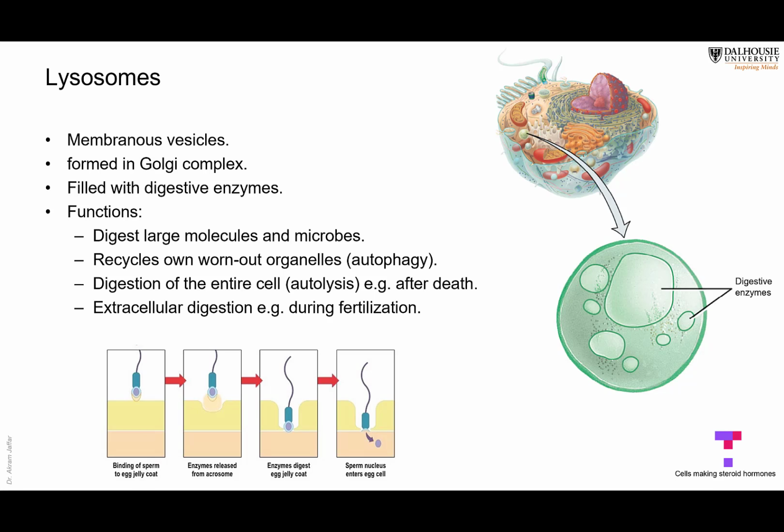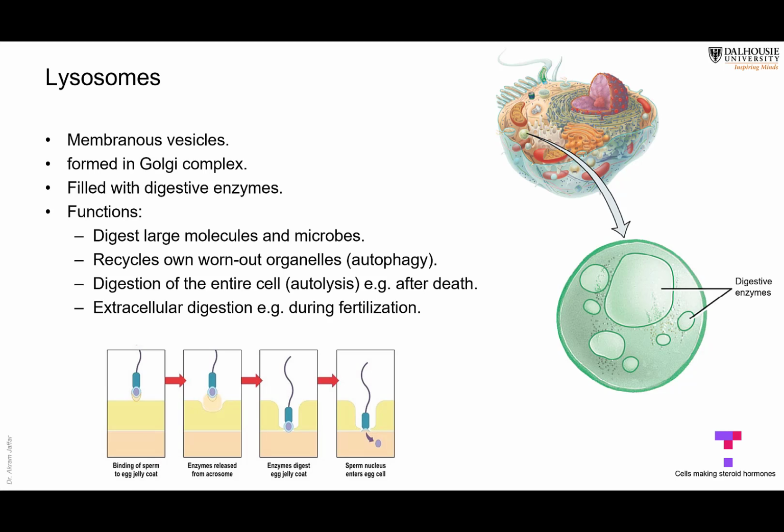So let's deal with lysosomes to start with. They are membranous vesicles, single membrane, and they are formed in the Golgi complex. They are filled with digestive enzymes, the enzymes that are going to attack and engulf bacteria. Remember last time when we talked about endocytosis and phagocytosis? So they digest the large molecules and microbes, and also they recycle the cell's own worn out organelles.